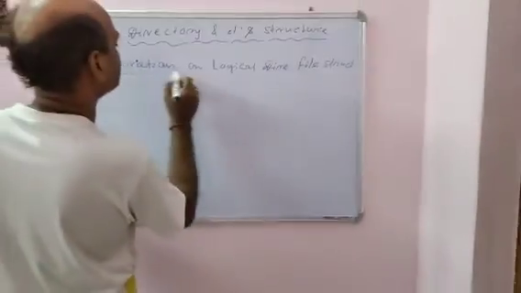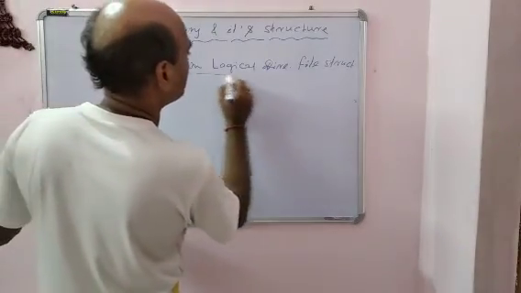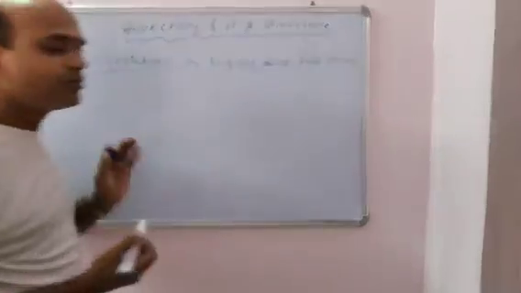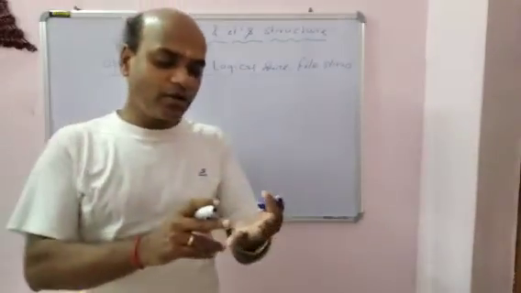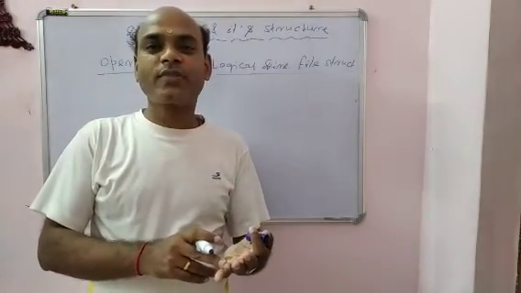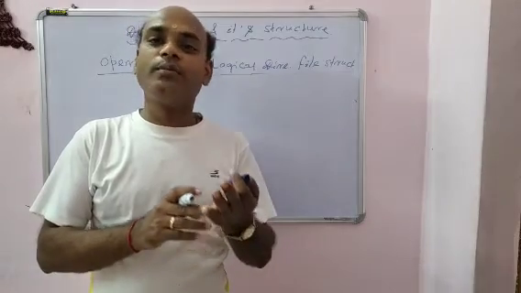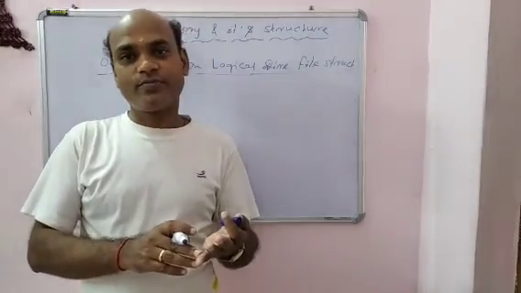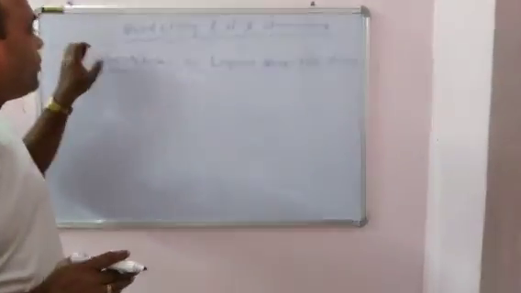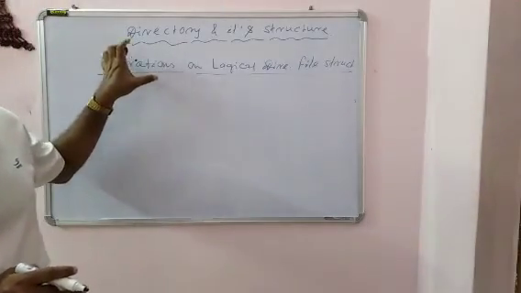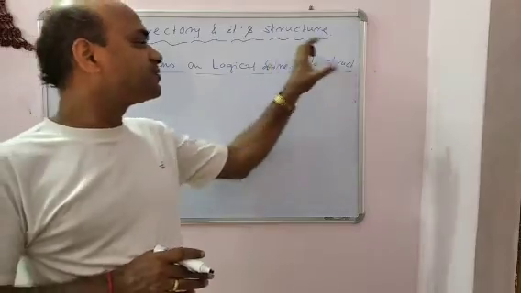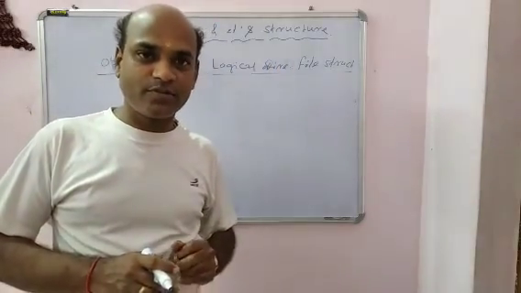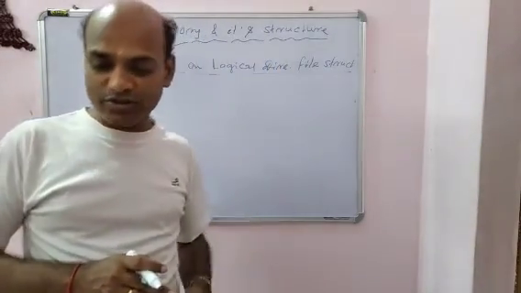This directory structure has a logical structure and a physical memory space allocation. So what are the important operations that we can have in this file structure?